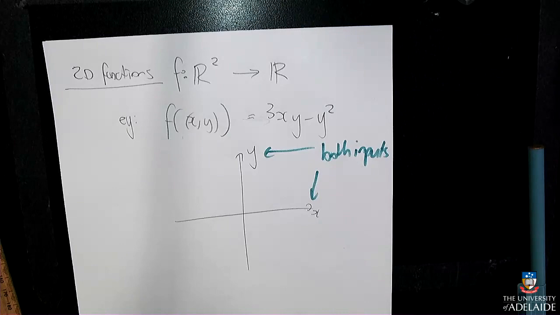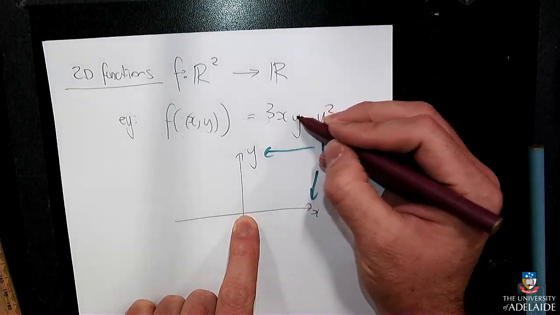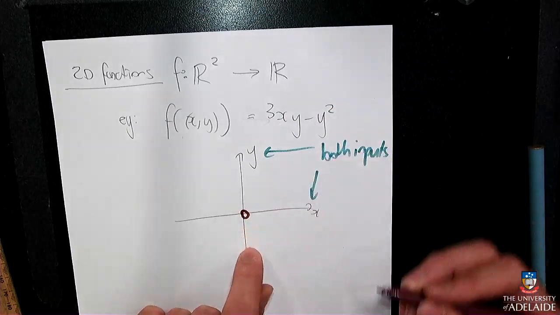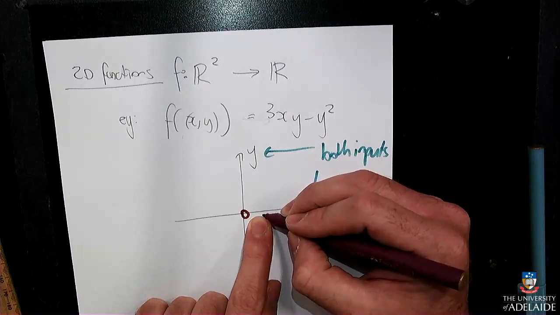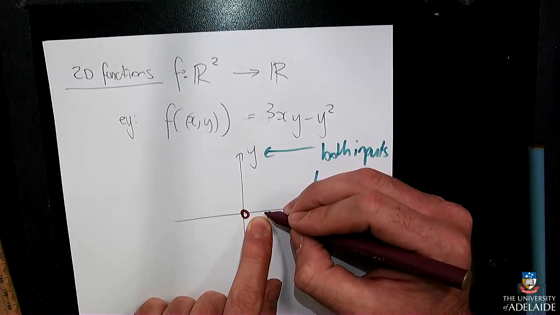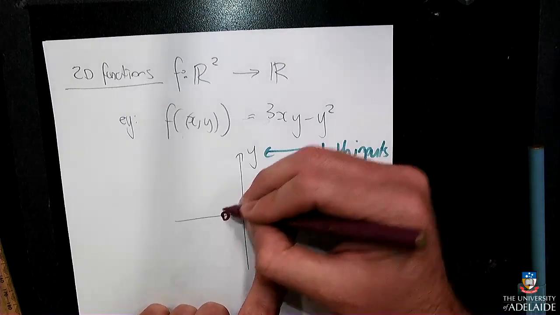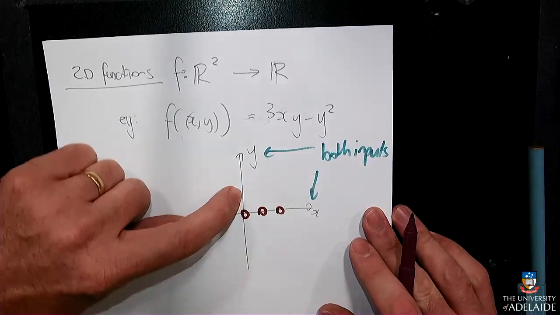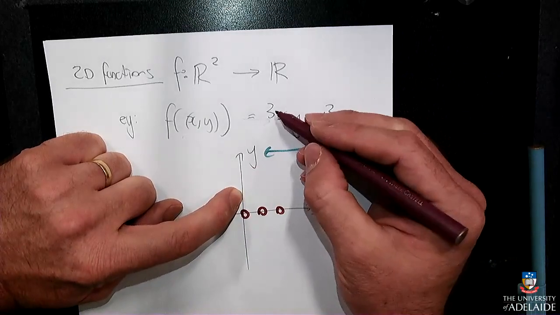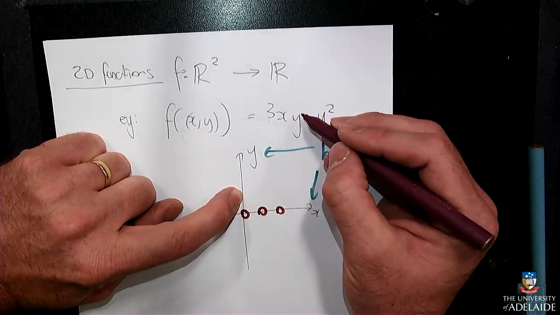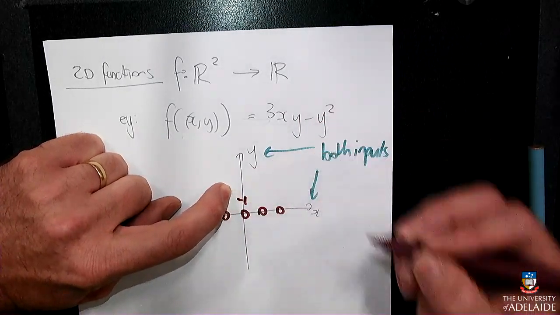And so here at 0, I get 3 times 0 times 0 minus 0 squared, which is 0. And here at 1, 0, I will get 3 times 1 times 0 minus 0, so that'll be 0. And these are all 0 along here. And then here at 0, 1, I'll get 3 times 0 times 1, which is 0, minus 1 squared, so that's negative 1 there.